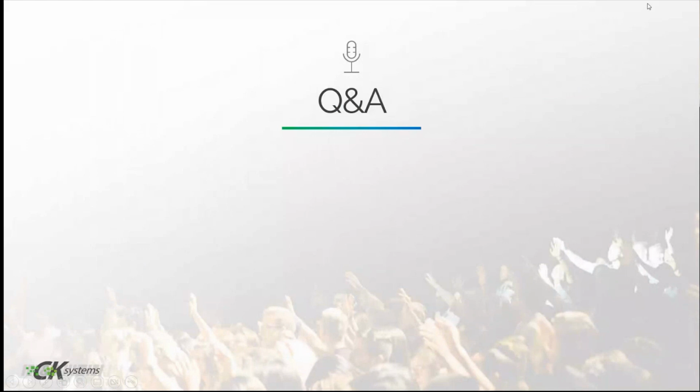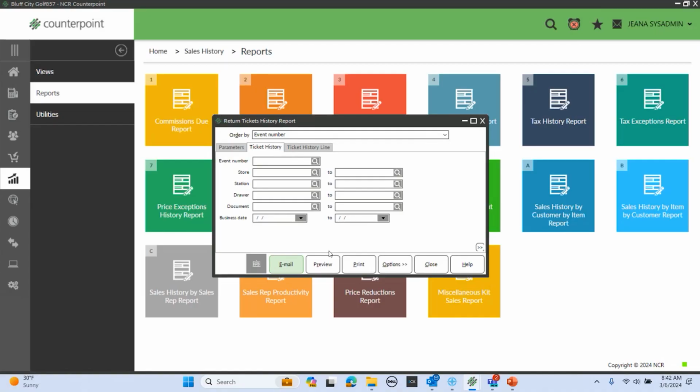The second question I hadn't had a chance to look at yet, so we can all look at it together. The returns report, can you filter by associate and filter by payment type? If I had to answer off the top of my head, I'd say you can filter by sales rep, but you cannot filter by pay code.